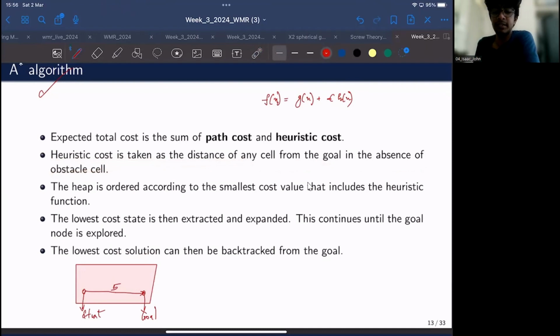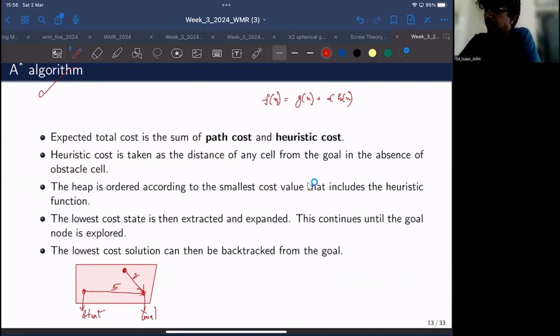The distance taken from any cell to the goal. So if this is the start, the distance from goal to start is the heuristic cost. Or if your robot is somewhere around here, and the distance from goal to this point would be 2 units, the heuristic cost would be 2 units.